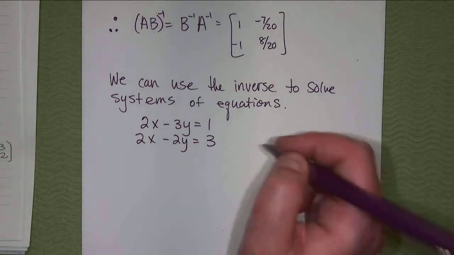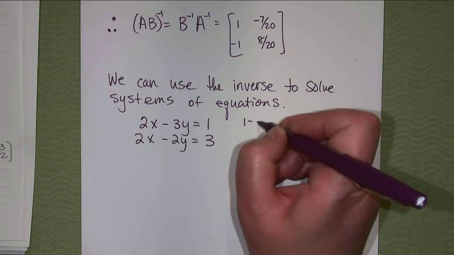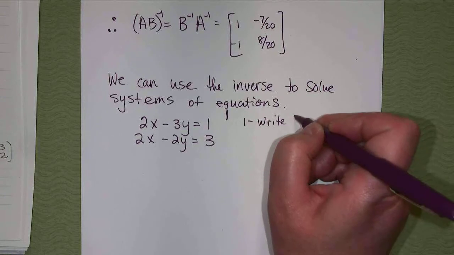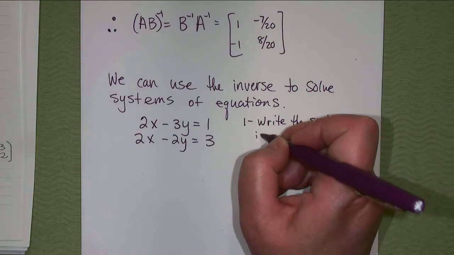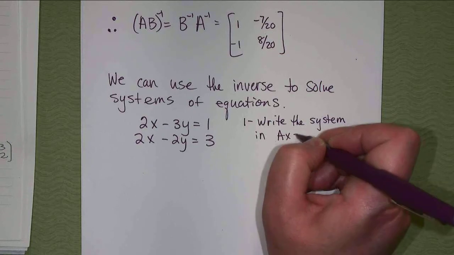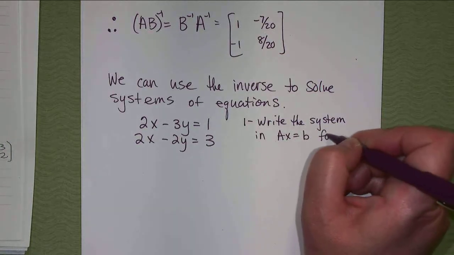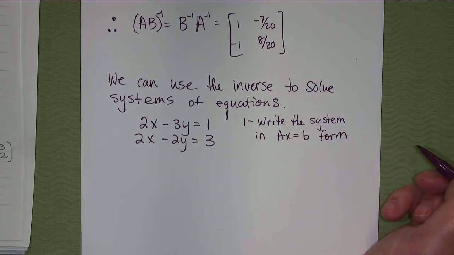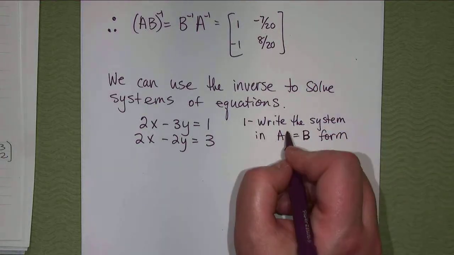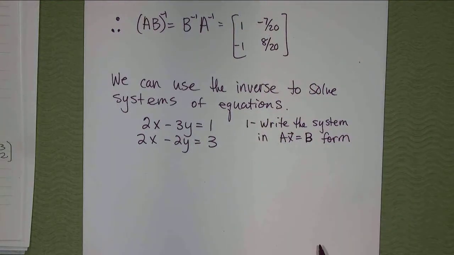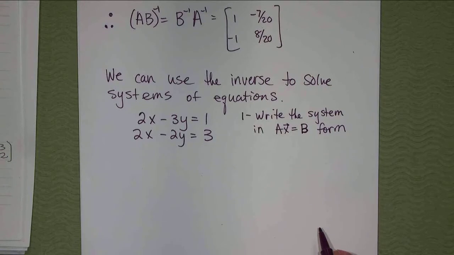So step 1, write the system in AX equals B form. Let's call that a capital B. In section 2.1, we talked about the different forms you could write systems in, and this was one of them.